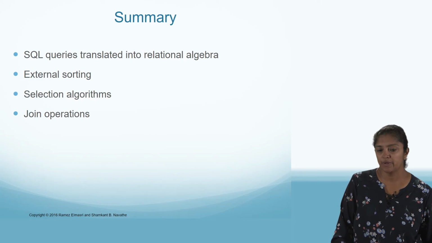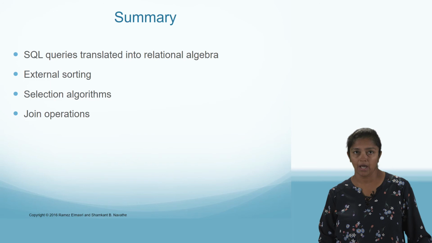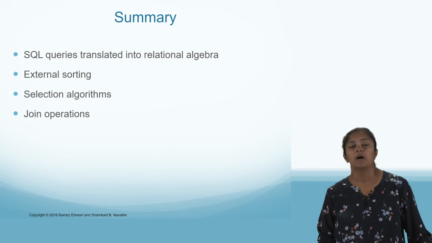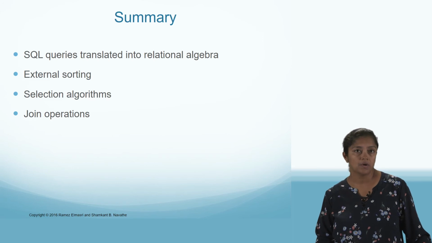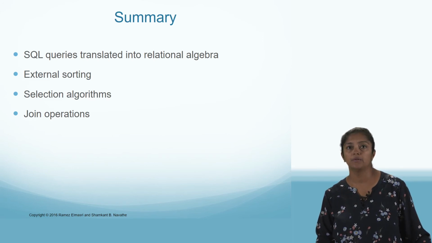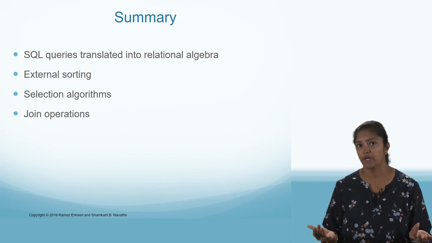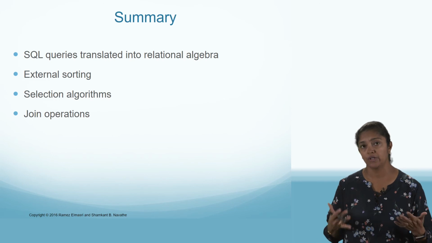So to summarize, what we saw is how the query processing happens, how the SQL queries are first translated into relational algebra, and then how the sorting works, with a sort merge algorithm used because of the limited buffer space that the DBMS has in order to do all of the processing.